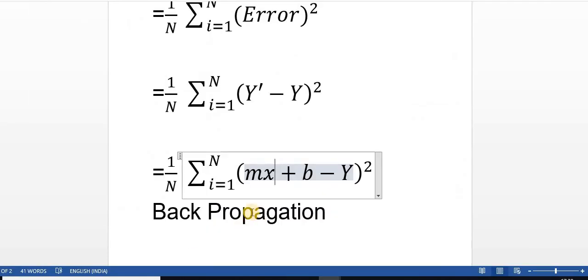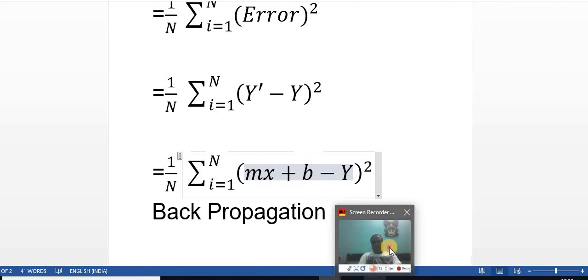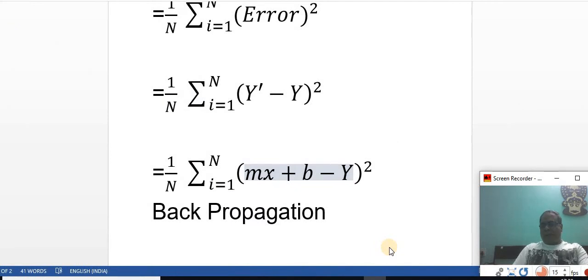So this is really simple. The formula we are using is the derivative of x raised to n is n x raised to n minus 1. When we differentiate 2 into mx plus b minus y with respect to m, that is 2 into error, then mx.